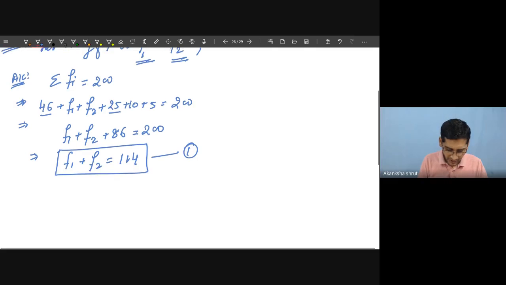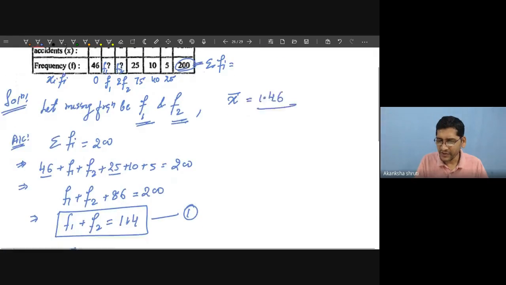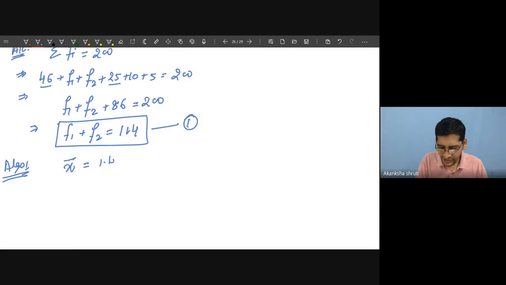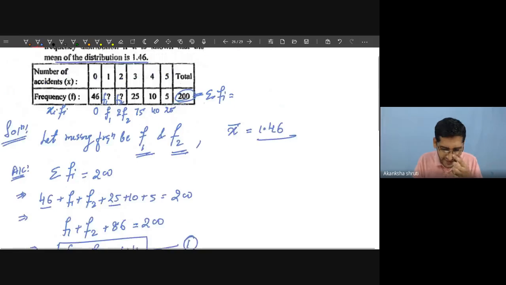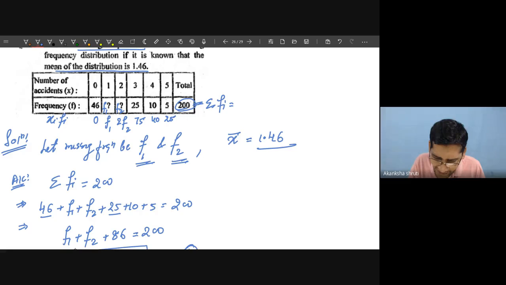Okay. Also, the mean is given. What is the mean value? The mean is 1.46, but this mean can be calculated by summation of fi xi divided by summation of fi. Now fi xi, how is this summation? Go for adding this. Adding this, you can get the summation of fi xi, or summation of xi fi, same kind of denotation.